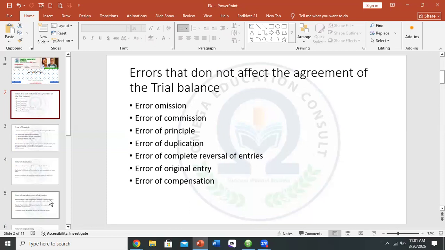Yes, Joseph. So according to what we've done, does this mean that the accountants can't avoid mistakes? Oh, sure. The accountant cannot be a god. You make mistakes, and this is even evident in your experience as a student. When you are solving accounting questions, you make mistakes. Sometimes when you are doing your double entry, you read the transaction, you were going to debit one account, by the time you realize you have credited the account.